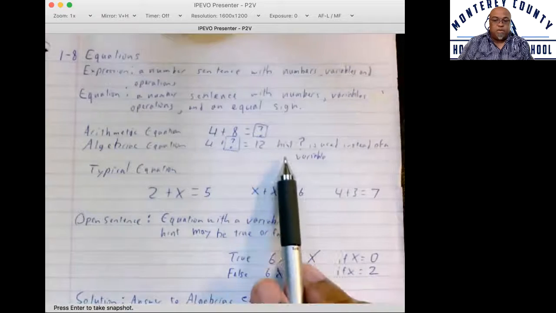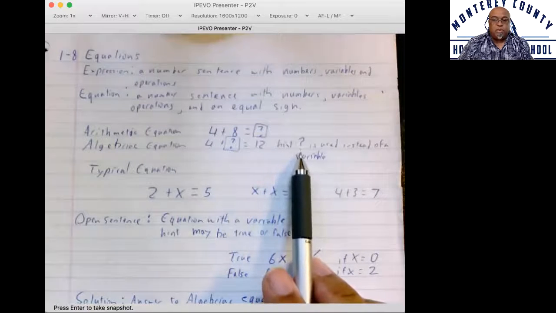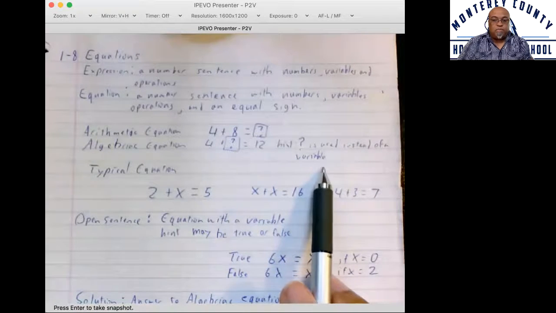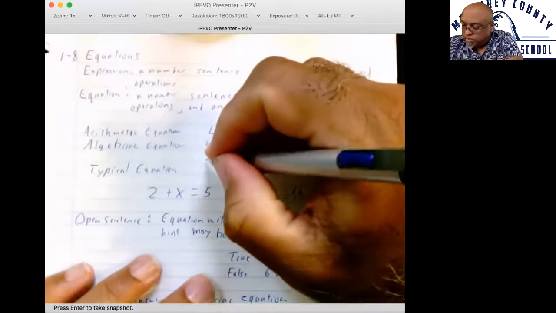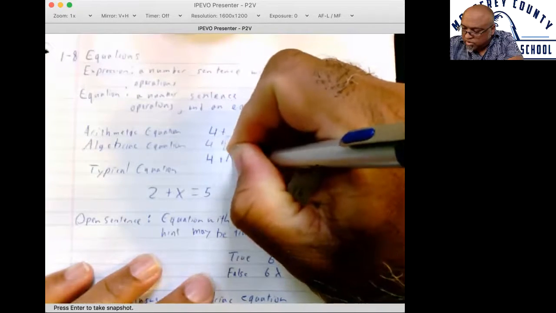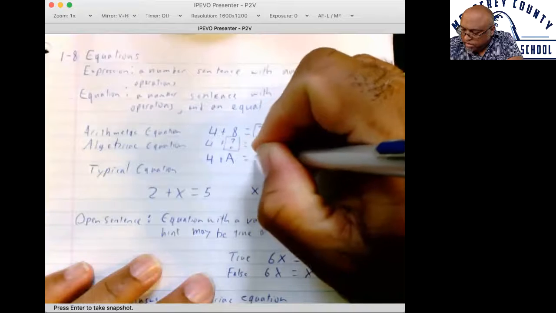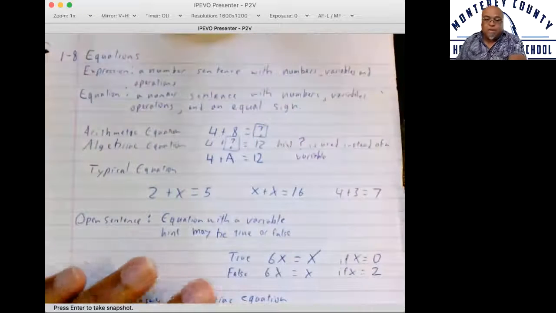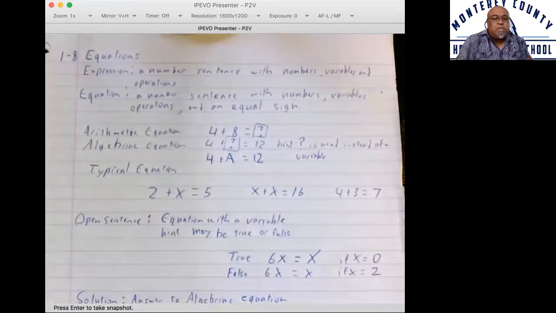Now, here's a quick hint. I used a question mark instead of a variable, because normally a problem like this would be written as such: 4 plus, we'll just use the letter A, equals 12. Okay? So I used a variable. I just picked the letter A randomly. It could be any letter.